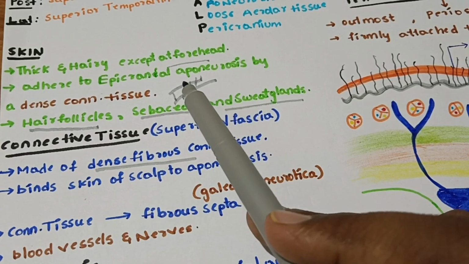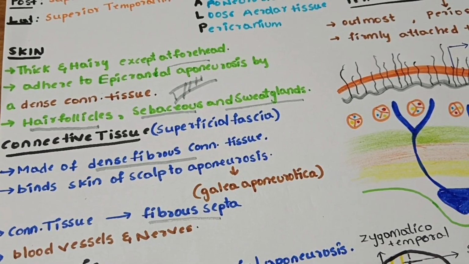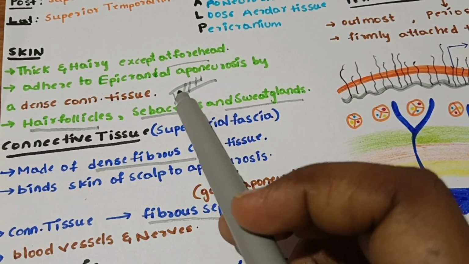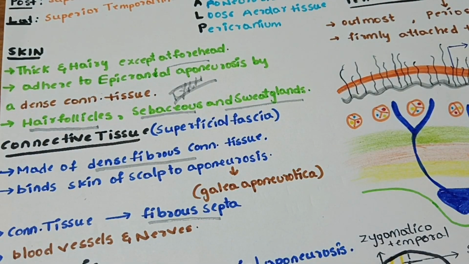As I said, the skin and the aponeurosis are connected by the connective tissue, which is the second layer of the scalp. This connective tissue is divided into various lobules by fibrous septa.